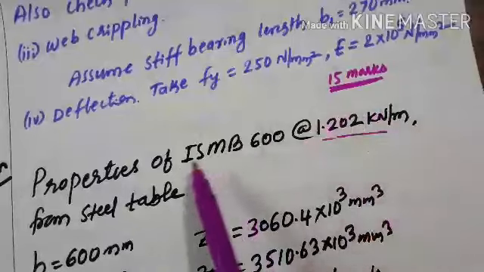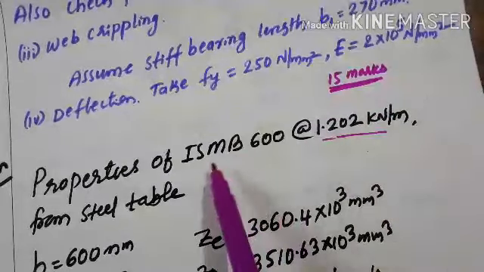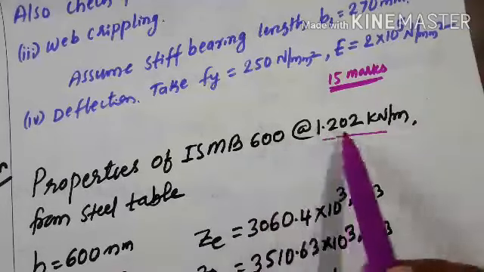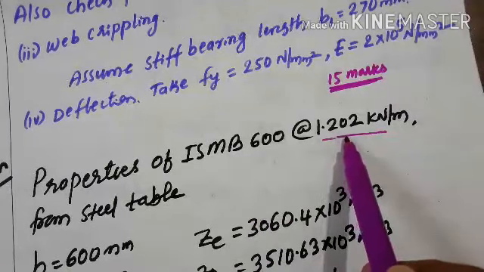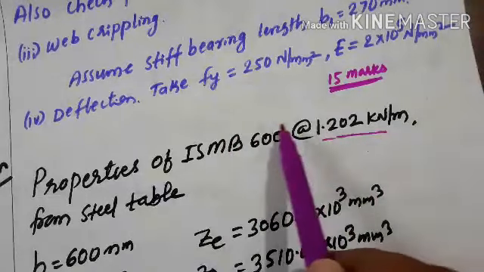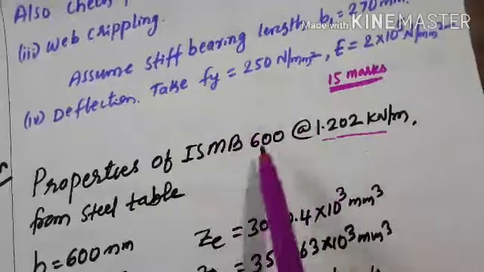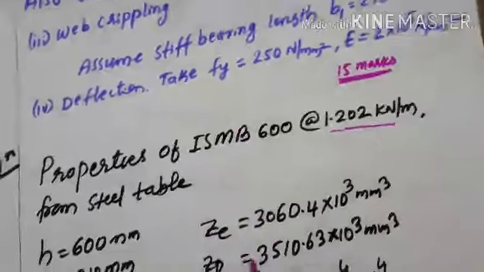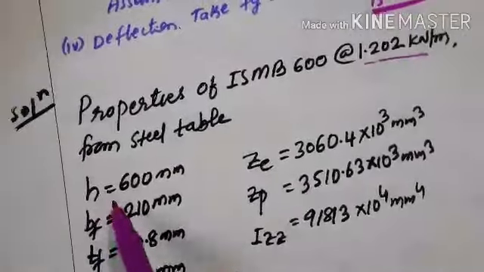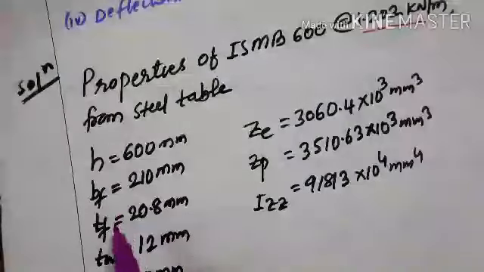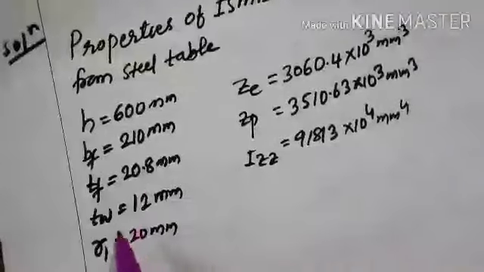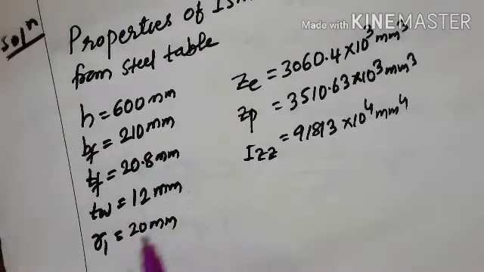Whatever section is mentioned, it is always mentioned along with the weight also. This particular section you have to refer in the steel table and take all the properties: the depth of the section, width of the flange, thickness of the flange, thickness of web, then the root radius.